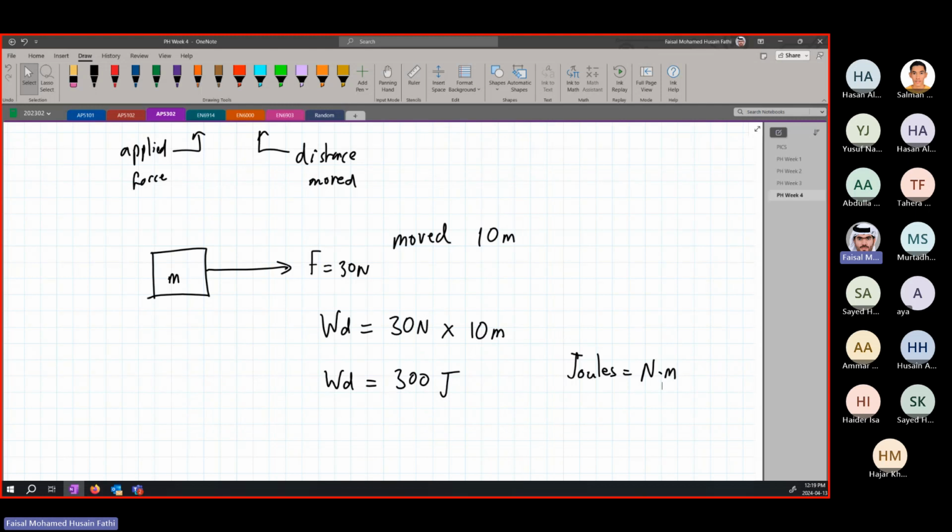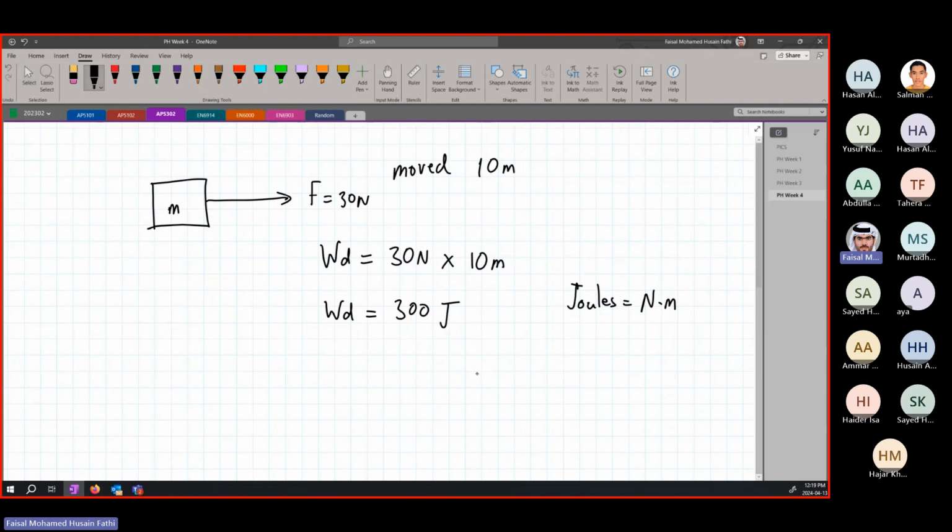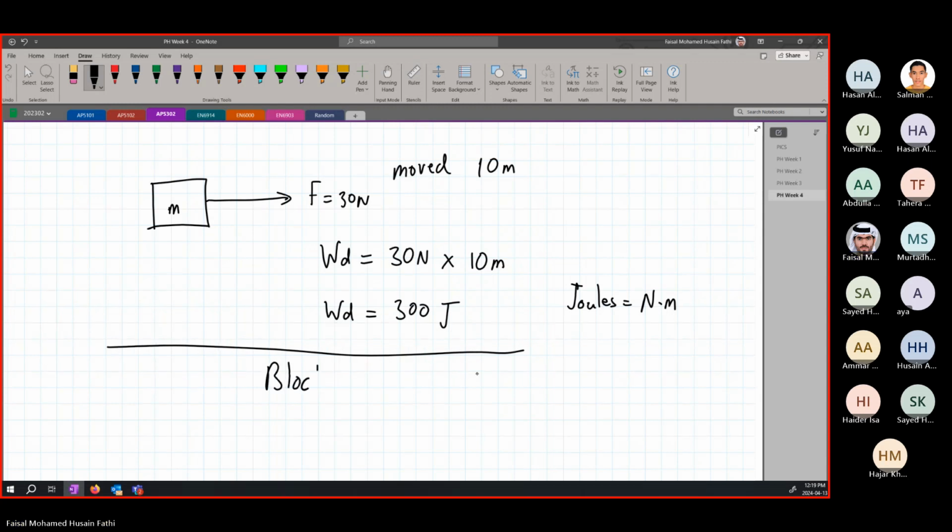Sorry, this is the basic formula for the work done and for energy. Let's say that there is no movement. Let's say for the same example, the block doesn't move.